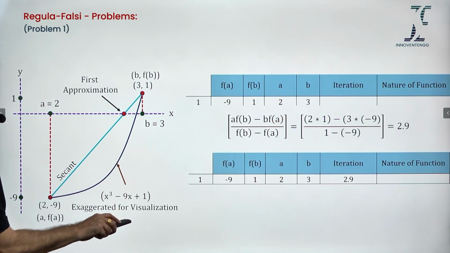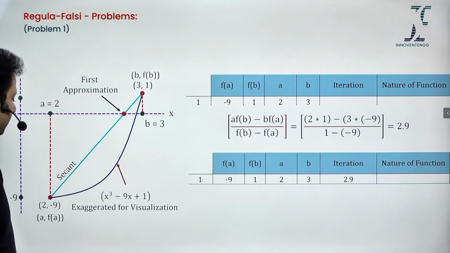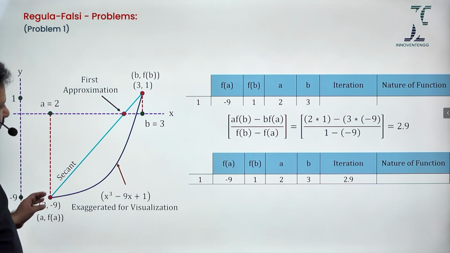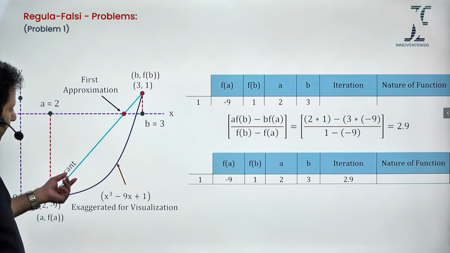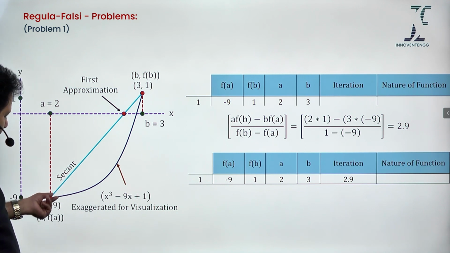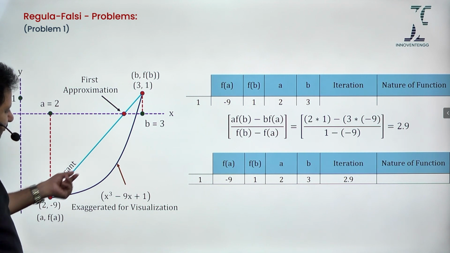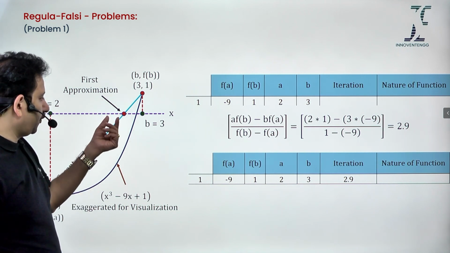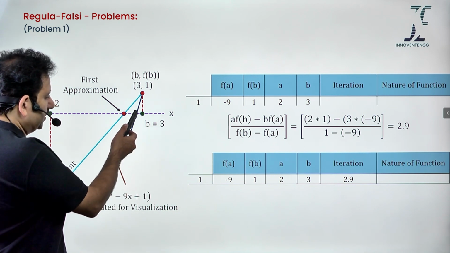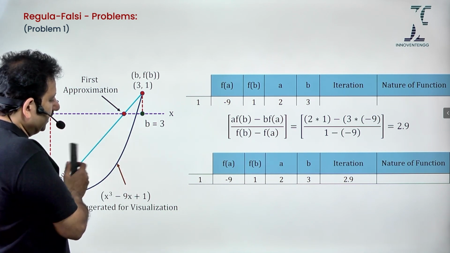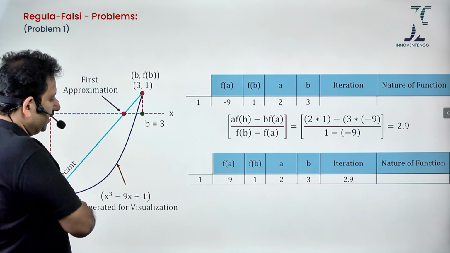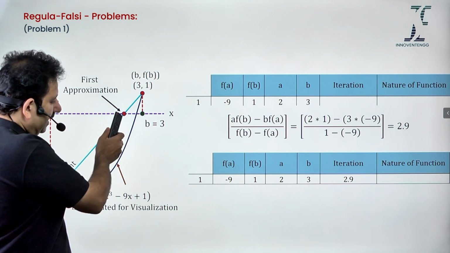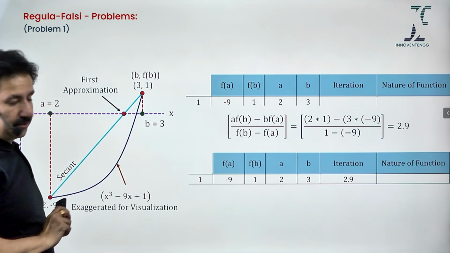Now let's come to the next, that is the first iteration. The first iteration is all about joining those 2 points by a straight line. And once we join the points by a straight line, wherever it intersects the x-axis becomes my approximate root. My actual root is here, and every time I iterate, I cut the x-axis by an equivalent straight line, and I am moving towards the actual root, right?